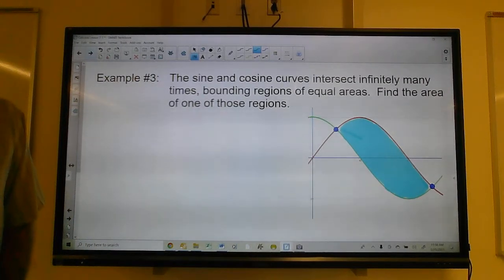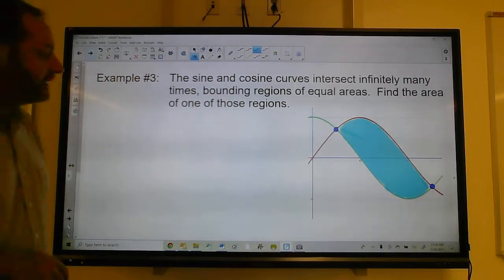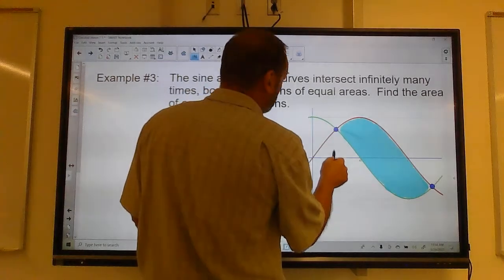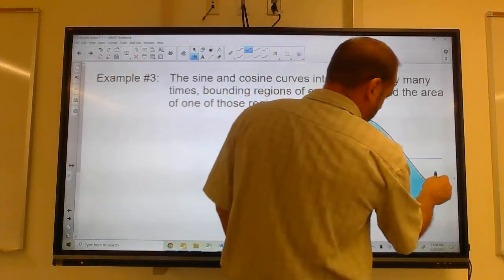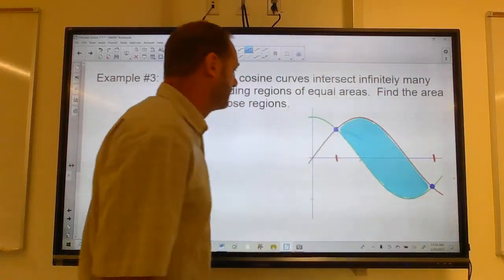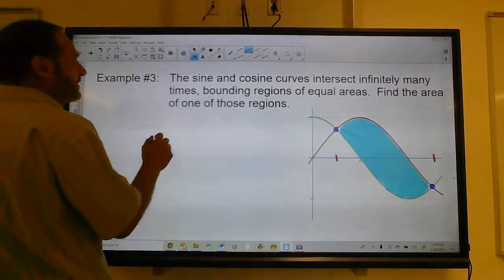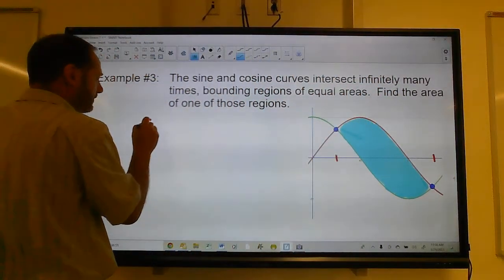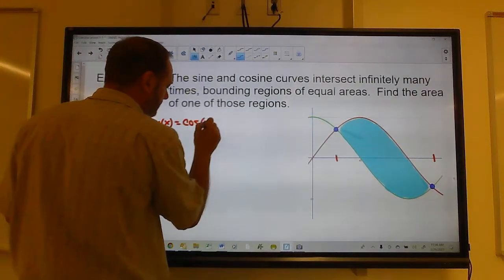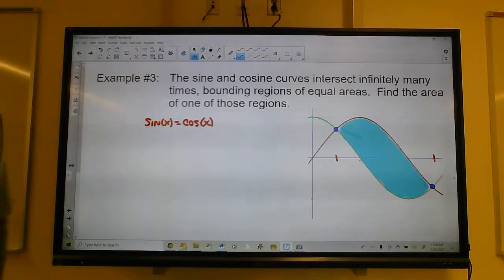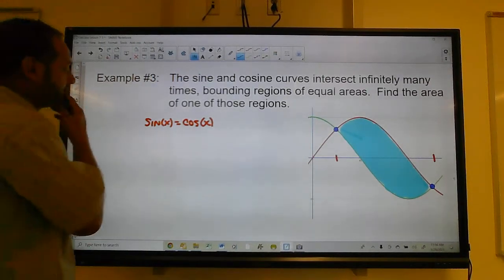Okay, so the first thing we need to figure out is what is that point and that point. So we need to know when the sine of x is equal to the cosine of x. Okay, so let's see.